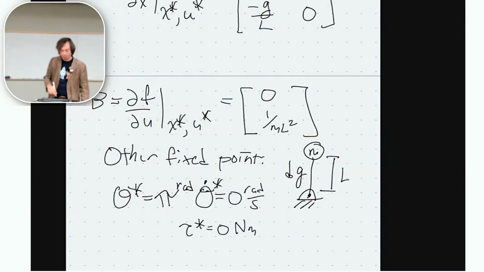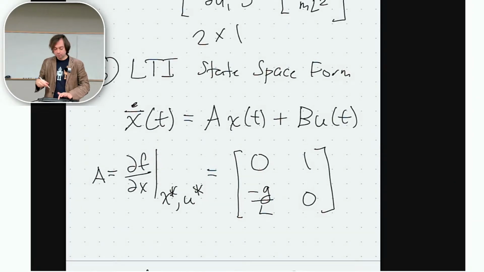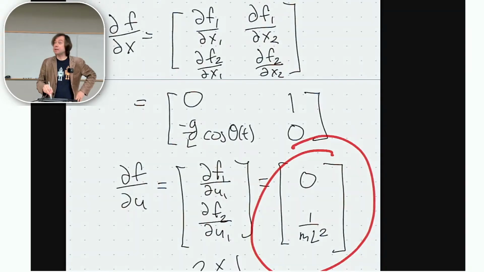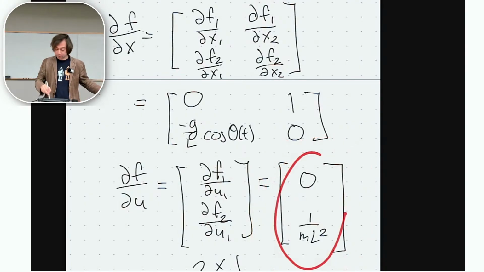Well, my friends, a lot of the work of linearizing the system, we've just done. Right here, in picking the fixed point, and taking those derivatives. Those derivatives don't change, but the fixed point did. So our B matrix, there's no variables in there.